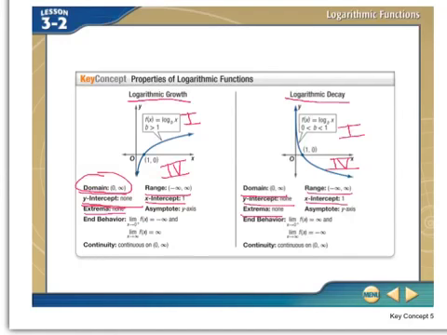Our asymptote, like we mentioned before, is the y-axis, or you can write the equation x equals 0 as the vertical asymptote. Our end behavior as x approaches 0 from the right side, that's what that little plus means. We're approaching 0 from the positive side of the x-axis.